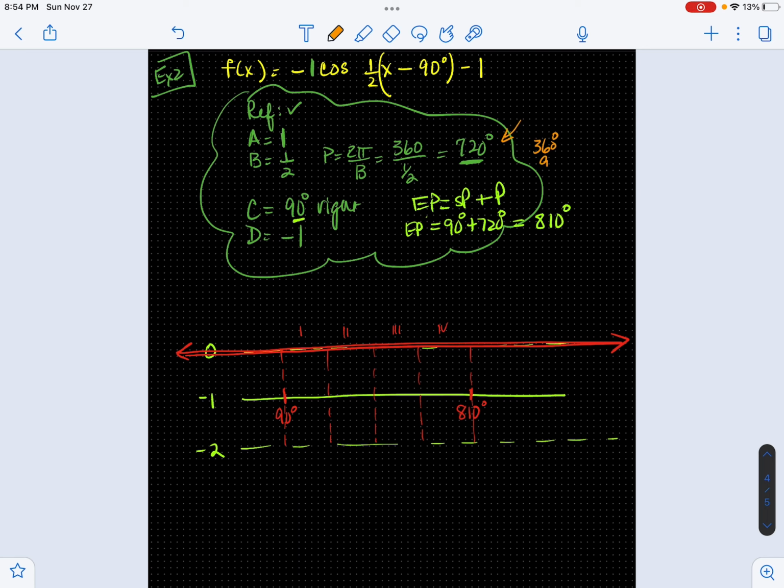If I take the start point 90 and add half of it to it, 450 degrees. So this would be 450 degrees. And then half of that is 180. So if I take 90 and add half of that to it, 270 degrees. This would be 270.